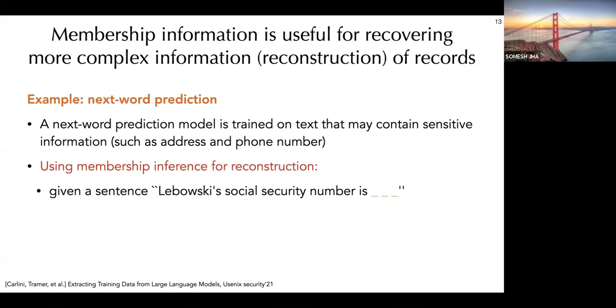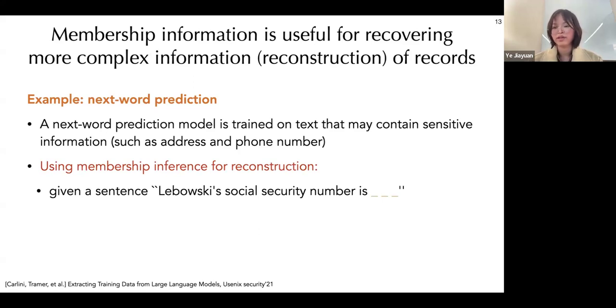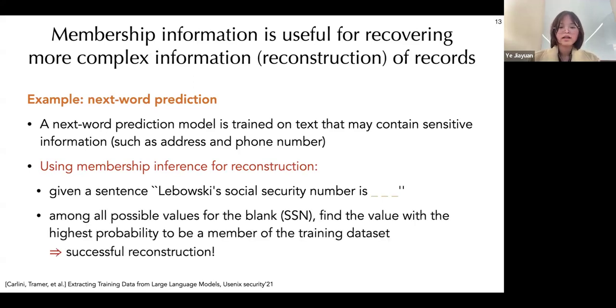But you know that it's only possible within certain domains. For example, here I know that it can only be this specific format of social security number. What the adversary can do is basically brute force search over all these possible values for this blank, launch a membership inference attack on each of them, and use it to identify the value with the highest probability of being a member of the training data set.